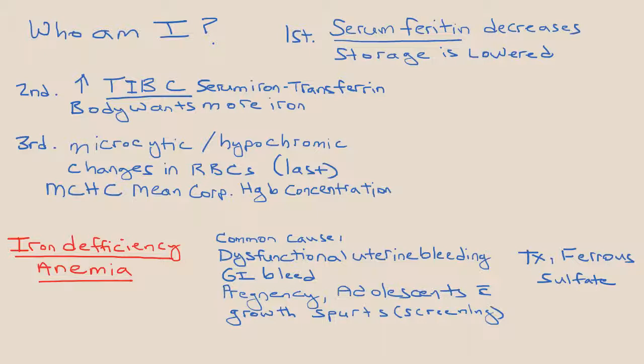The MCHC, remember, is the mean corpuscular hemoglobin concentration. That will start to go down. Some of the causes can be dysfunctional uterine bleeding, GI bleeding, and pregnancies. As your demand goes up, you can't meet those demands. Also adolescents with growth spurts, and that's why we have screening for some of these kids when they come to see the pediatrician. The treatment is ferrous sulfate.